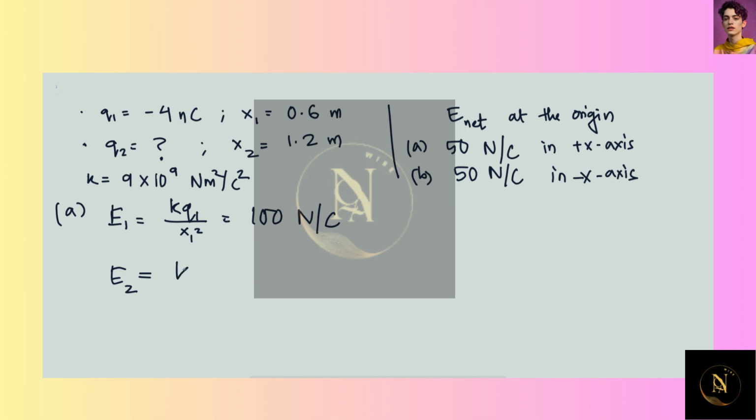E2 is actually k times Q2 over R2 square. One thing I forgot to mention is the direction of E1.